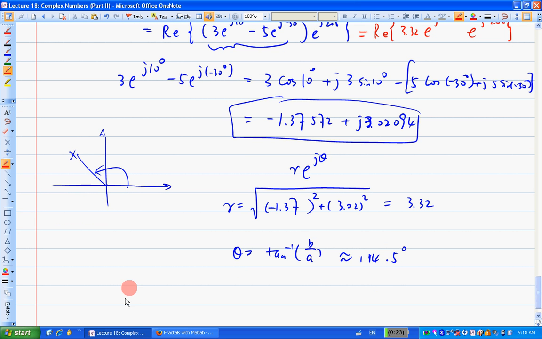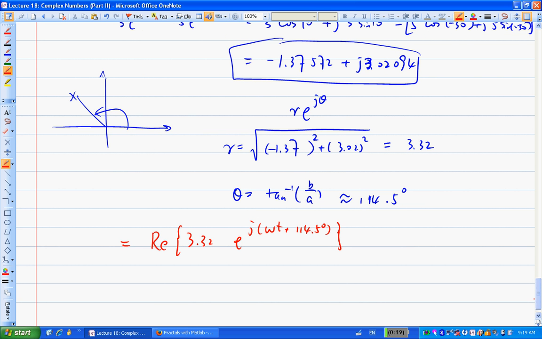So I'll write it down here: the real part of 3.32 e^(j(ωt plus 114.5 degrees)). And the real part of this is 3.32 cosine(ωt plus 114.5 degrees). Now I get what I want: a cosine of ωt plus a phase.